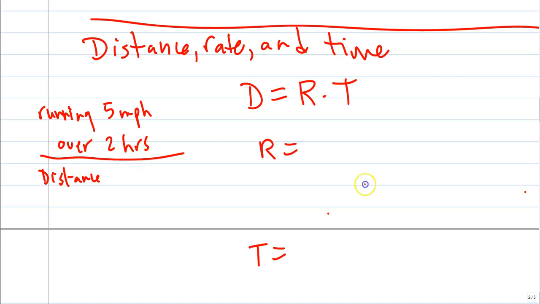You would just do 5 times 2 and go, well, that's 10 miles. What if they were real ambitious and able to hold that for 3 hours? Then they'd go 15 miles, right?